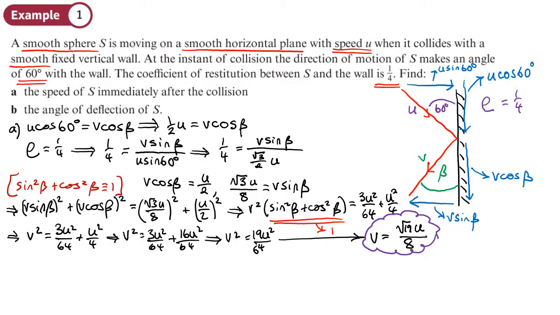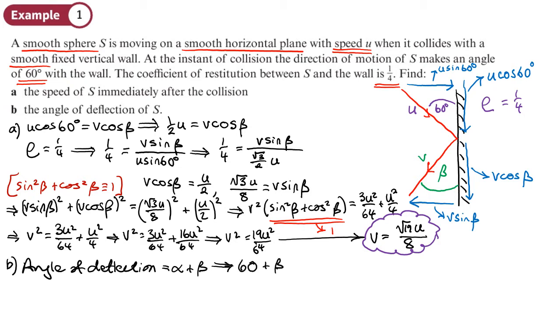Part B, what we need to do, it says find the angle of deflection of S. Now remember, the angle of deflection is alpha plus beta. So it's not just beta, it's alpha plus beta. So it's going to be 60 plus whatever beta is.